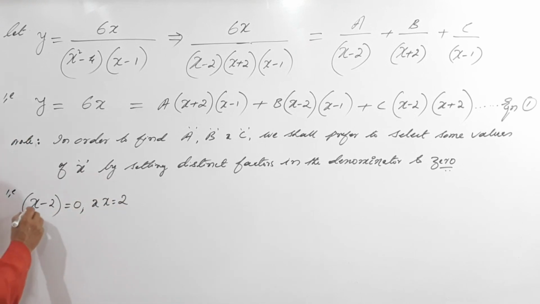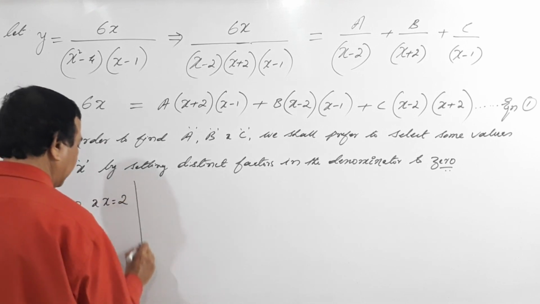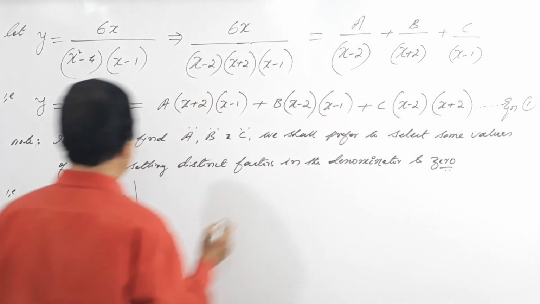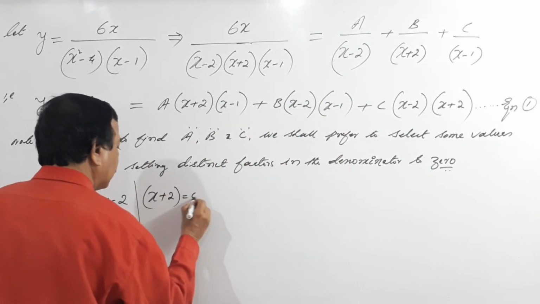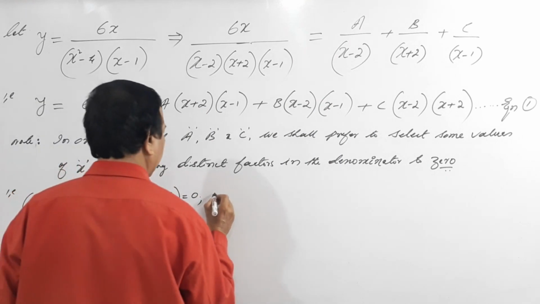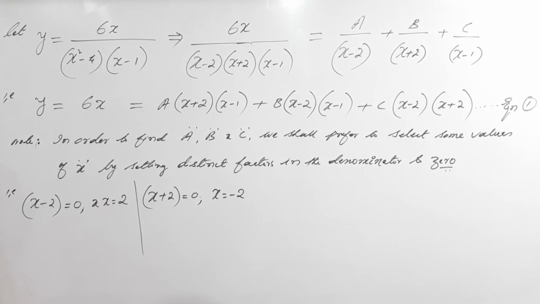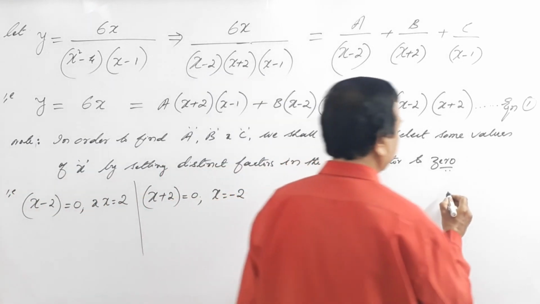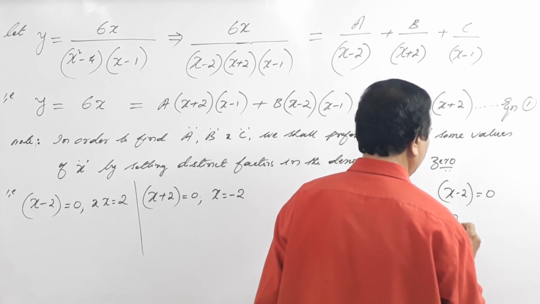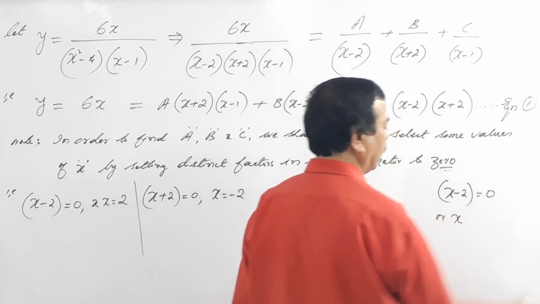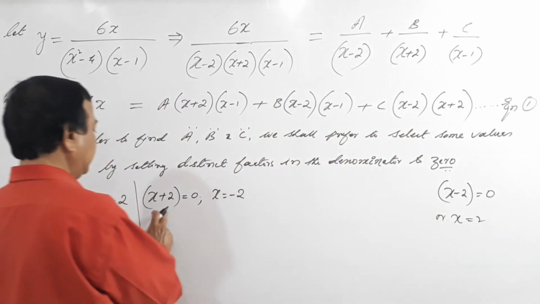The 2 goes to the right hand side and becomes plus 2. Then x plus 2 equals 0 and x equals minus 2, since the moment 2 goes to the right hand side it becomes minus.